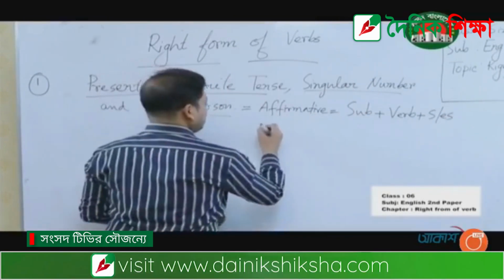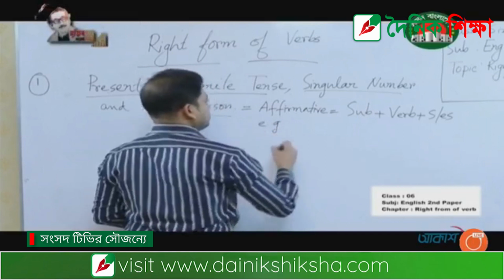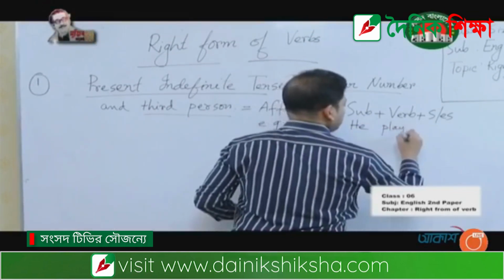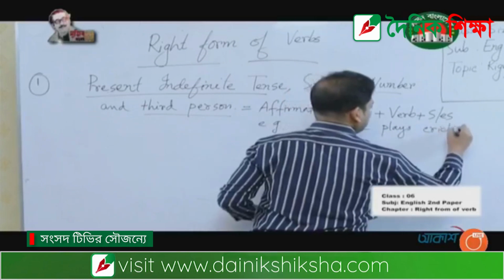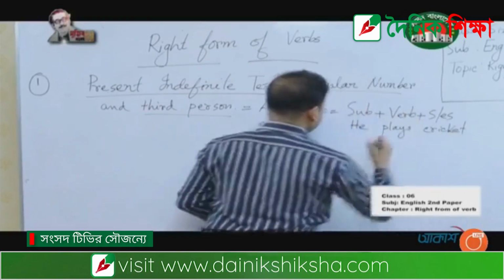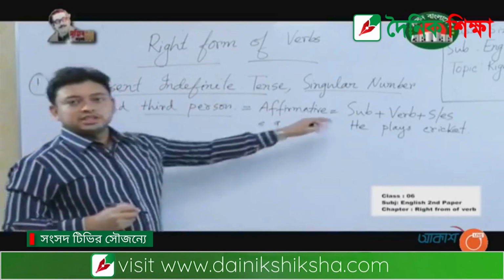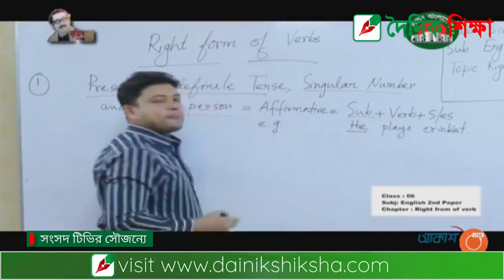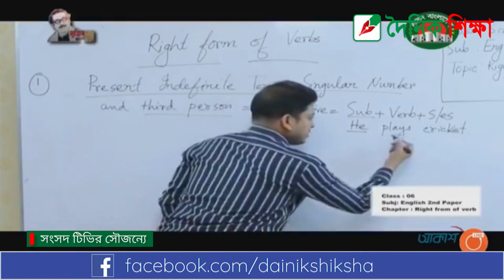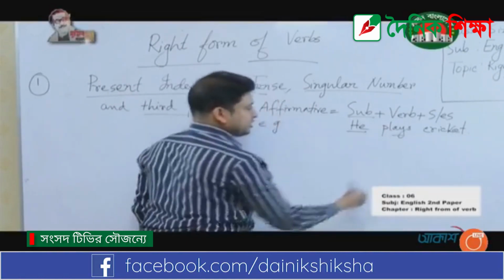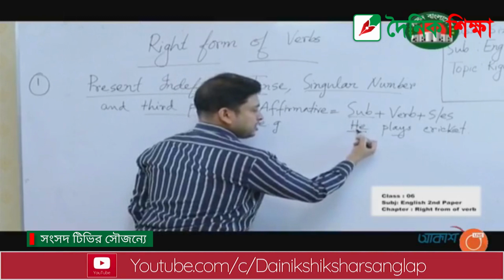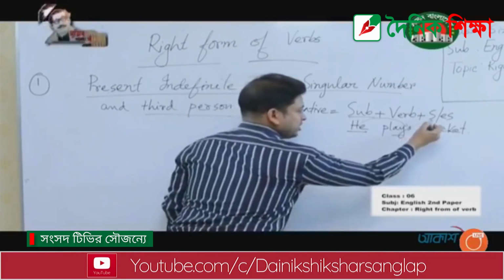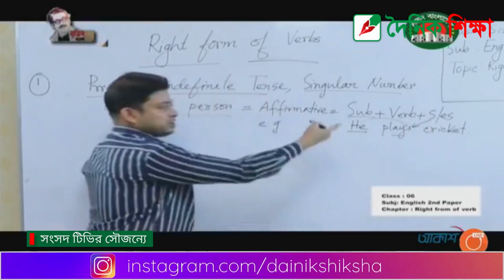For example, he plays cricket. This is an affirmative sentence. So subject is he, verb is play. As this is a present indefinite tense, the subject is third person singular number. After the verb there will be s or es, and the object is given here.